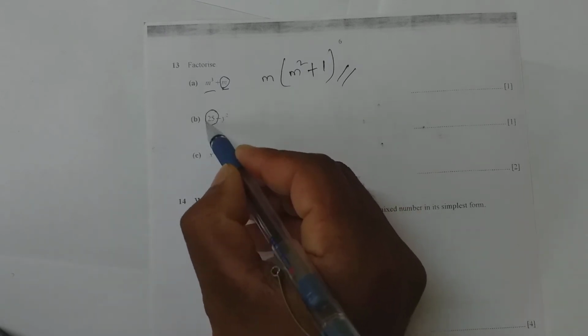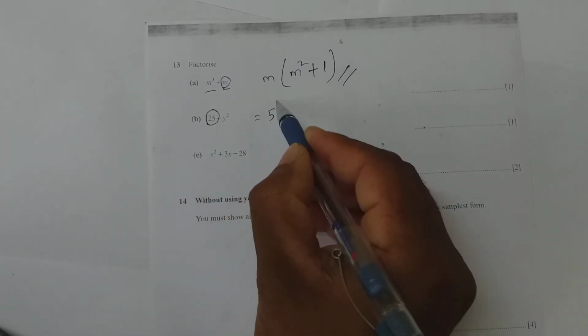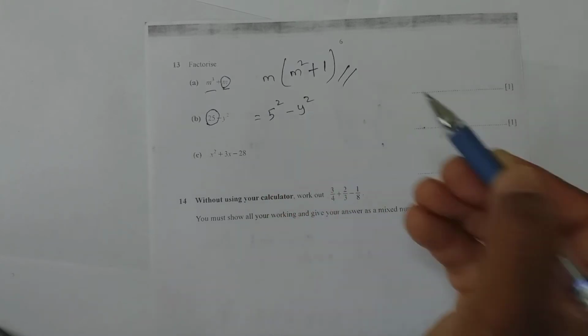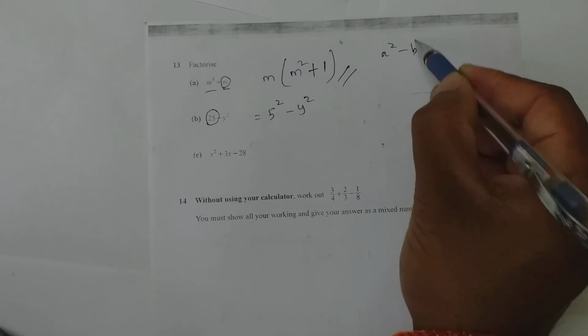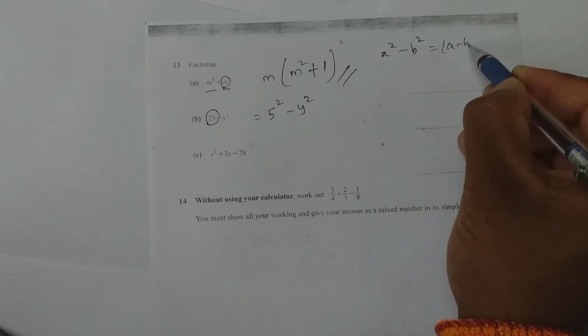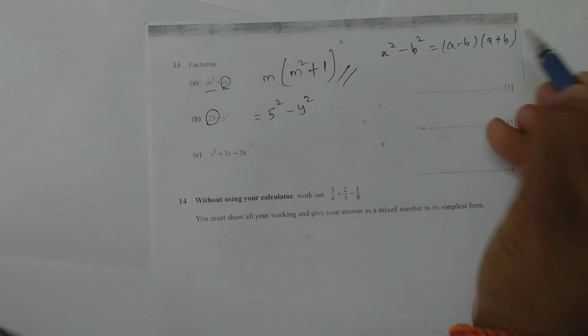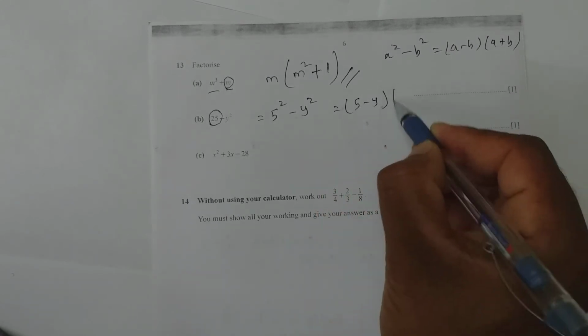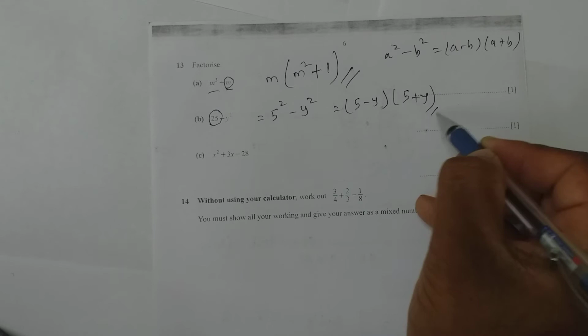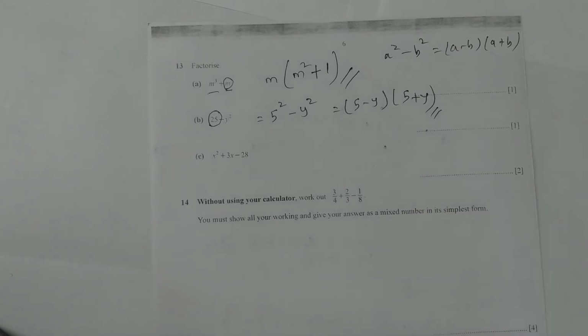How can 25 be written? It can be written as 5 square minus y square. So now what formula will you apply here? a square minus b square, which is (a minus b) into (a plus b). So this becomes (5 minus y) into (5 plus y). Did you understand? Now next.